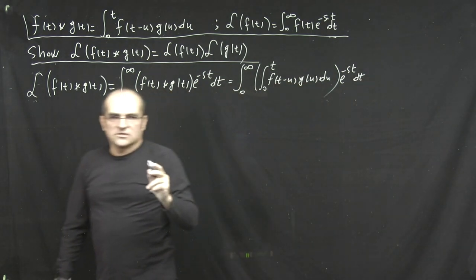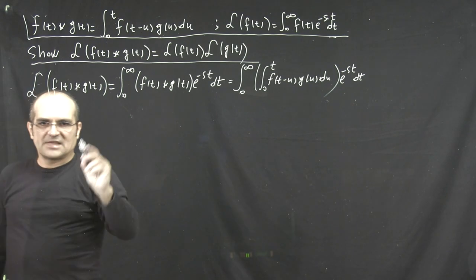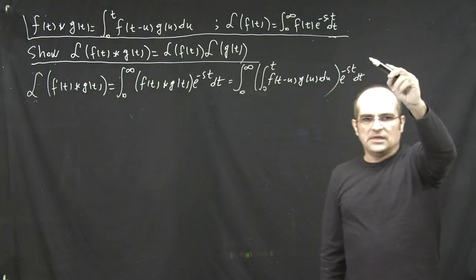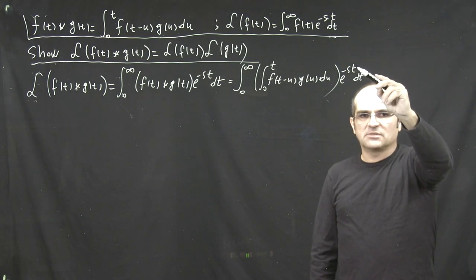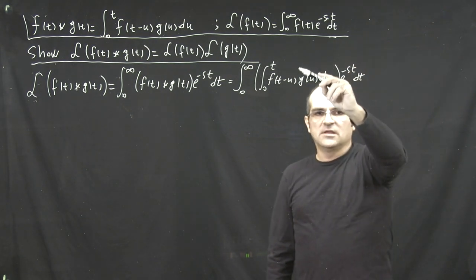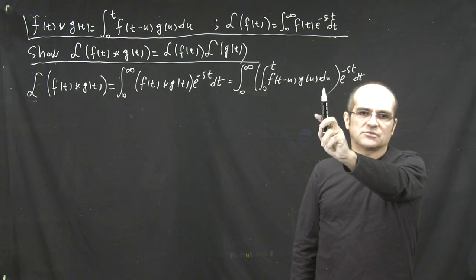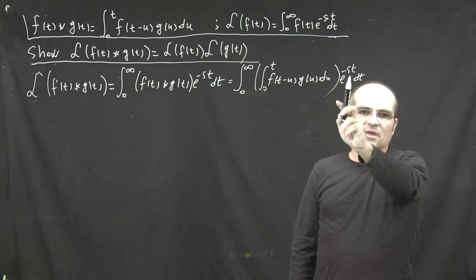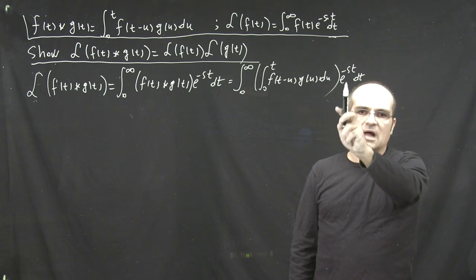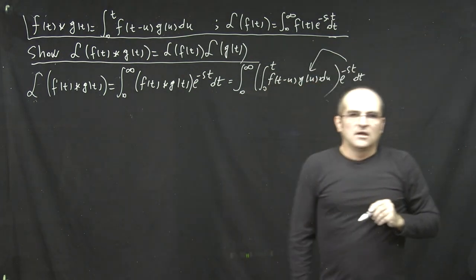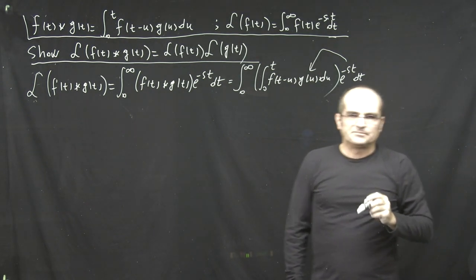So we're going to get into calculus 3 pretty soon with a double integral, because notice at this point I can insert this e to the minus st in the innermost integral. Okay, so look carefully here. The innermost integral is in terms of u. This doesn't depend on u. So as a whole, it's like a constant in terms of u. So I can bring it inside the innermost integral.